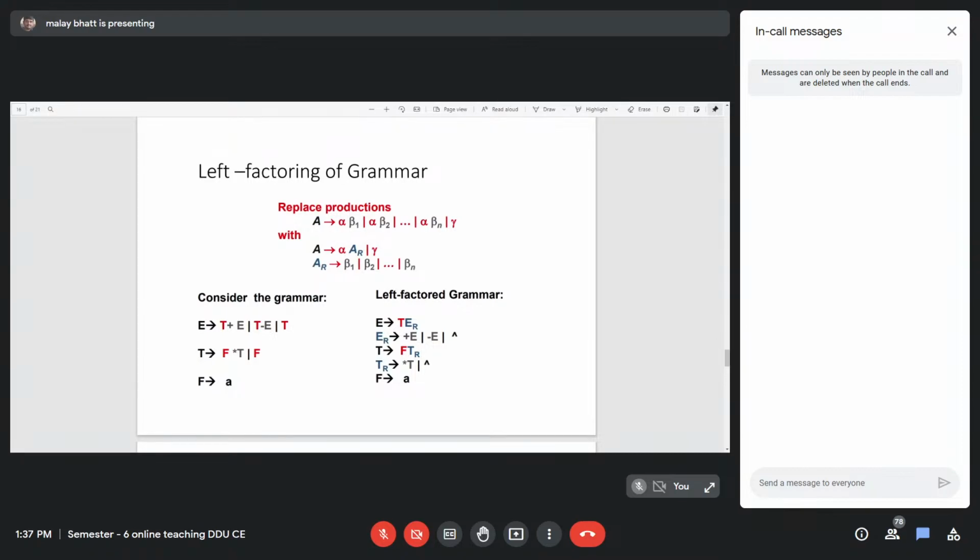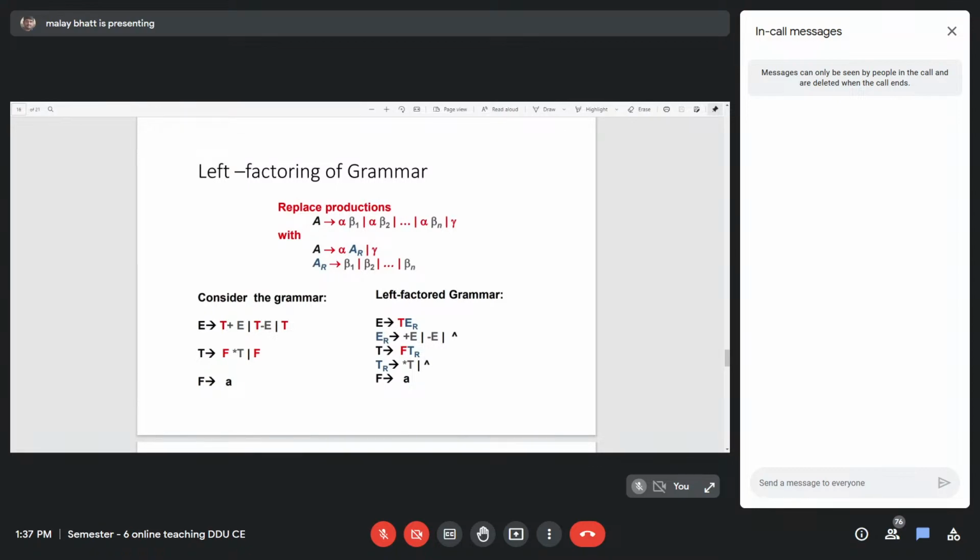So we will write E gives T ER. We take a new non-terminal ER, and for ER we write the remaining portion, that is plus E or minus E or null, because in the third rule, null is left. So ER gives plus E or minus E or null. Similarly, in the second rule, you can see T gives F into T or F.